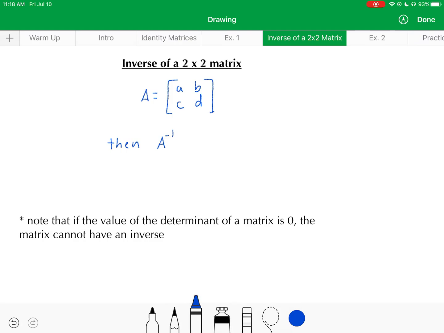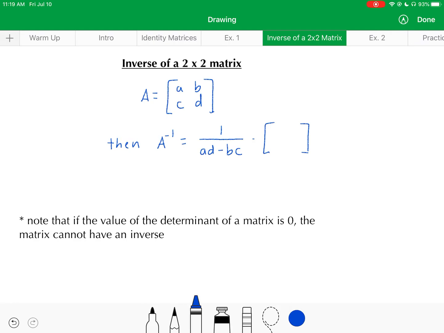Okay, it looks like A to the negative first power, but that really represents a notation to talk about the inverse of A. And you would read it as the inverse of A or A inverse. Okay, so it's going to be equivalent to 1 over the product of AD subtracted by BC multiplied by the following matrix.